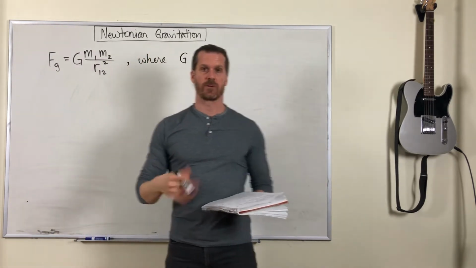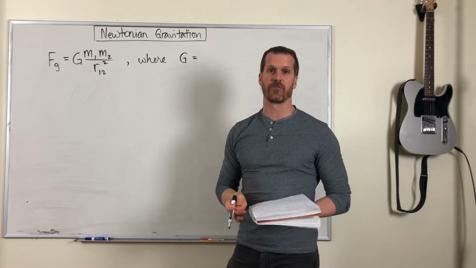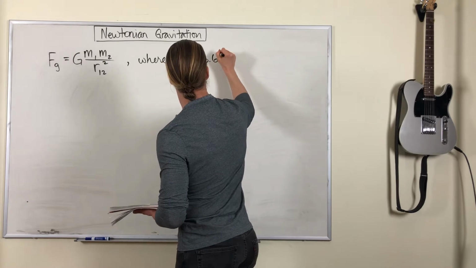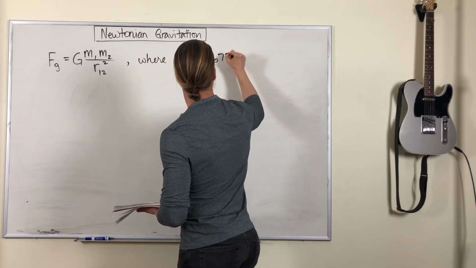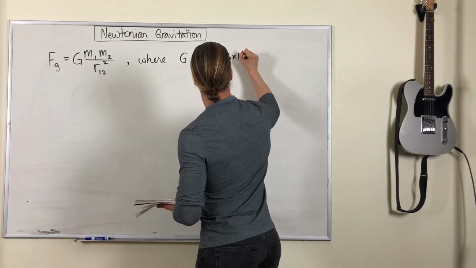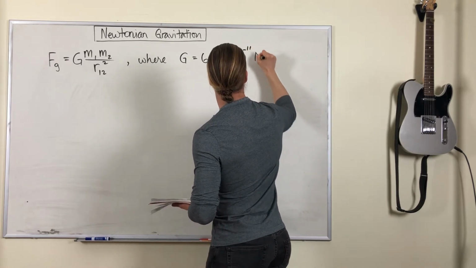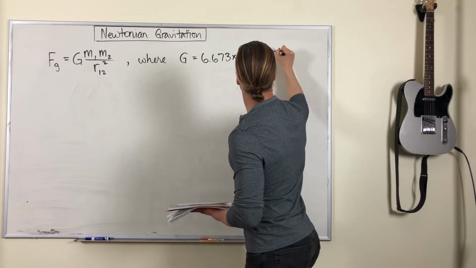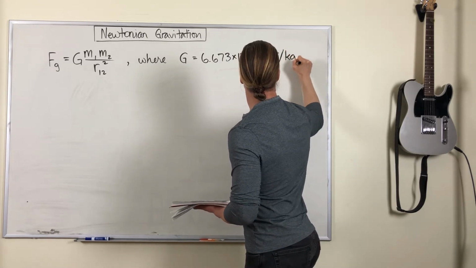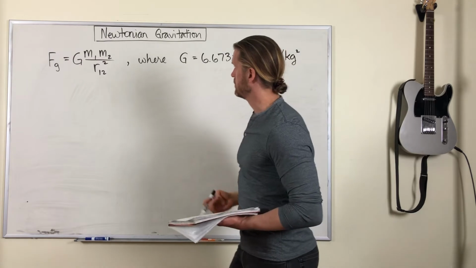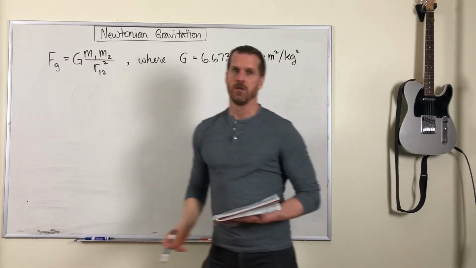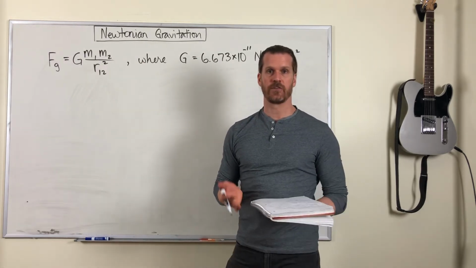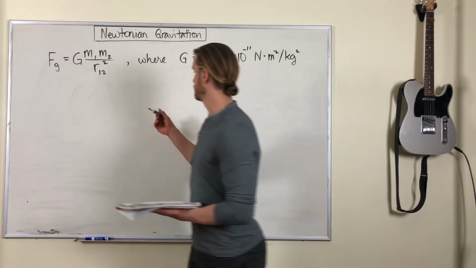Okay, so this number, capital G, is known as the universal gravitation constant and has a value of 6.673 times 10 to the minus 11 newtons times meters squared divided by kilograms squared. So let's think about what this means. Let's interpret this equation.